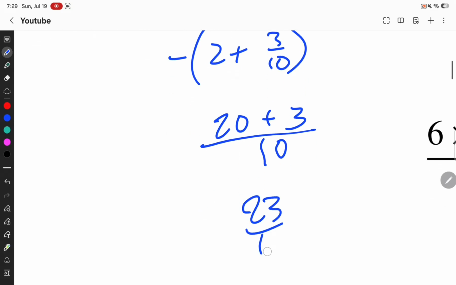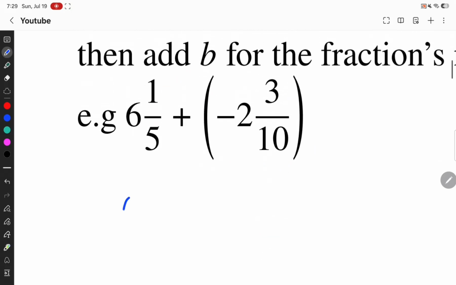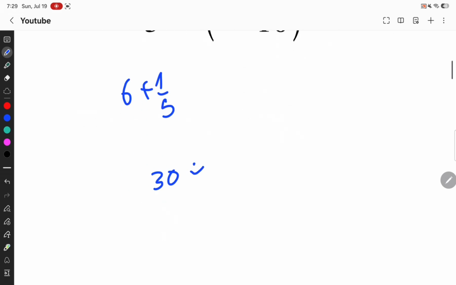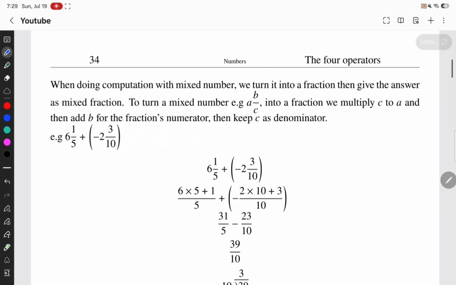Similarly over here as well, you can think of it as literally adding the fraction to this. Denominators will be the same, and voila, we get this result. This is what the conversion from mixed to fraction means.